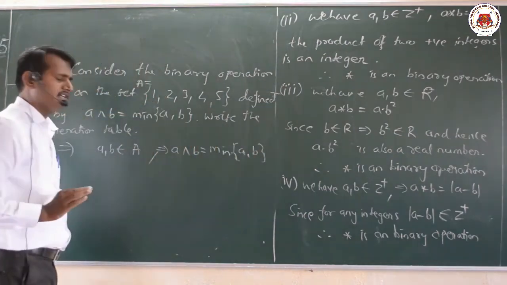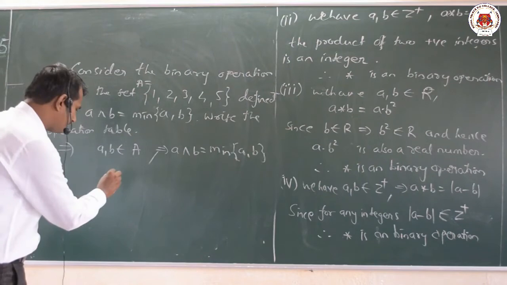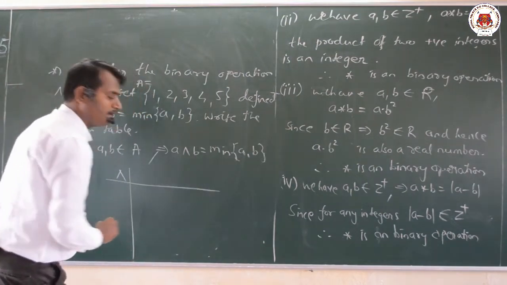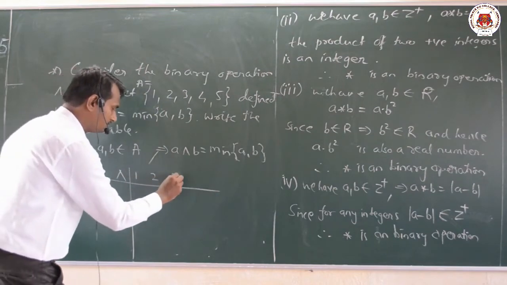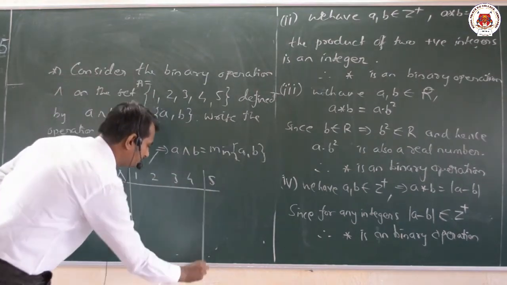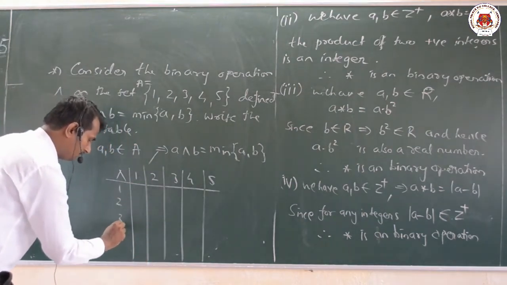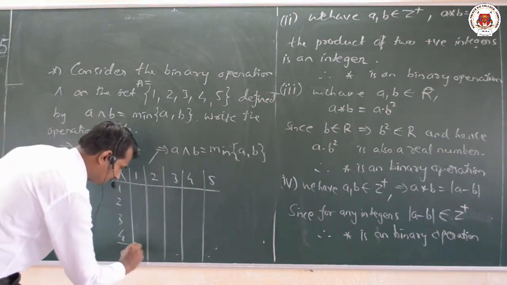We are asked to write down the table. I will write down the operation here and all the values: 1 2 3 4 5, and here also 1 2 3 4 and 5.